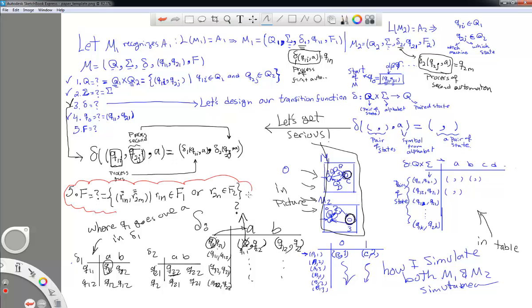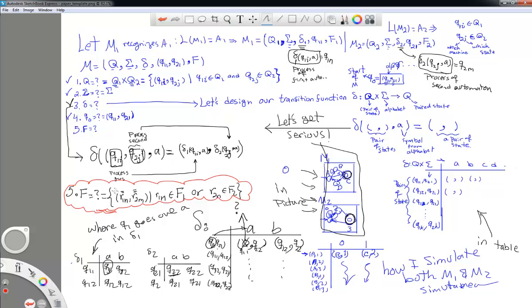So you process the symbols of the string simultaneously. You end up with a pair of states every time, and when you're done with your string, you look and see if the first element is in the final state of the first automaton, or the second element is the accept state of the second automaton.